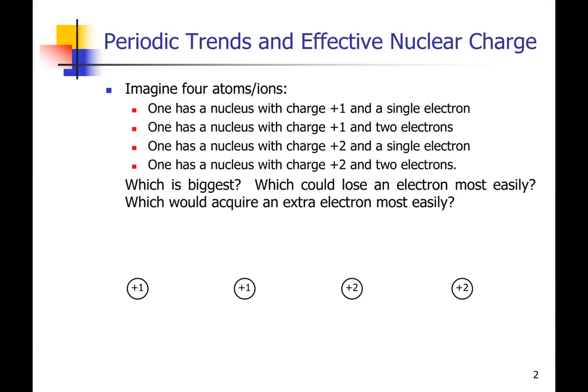And those 4 species are the hydrogen atom, which has 1 proton and 1 electron, the hydride anion, which has 1 proton in its nucleus and 2 electrons, the helium cation, which has 2 protons in the nucleus and a single electron, and the helium atom, which of course has 2 protons and 2 electrons and usually some neutrons as well.